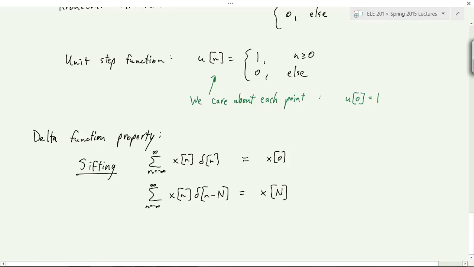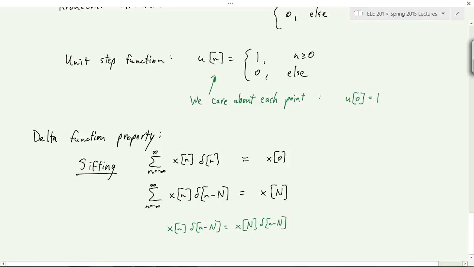In fact, an even simpler way of stating this is not even in the sum. You could just say x of n delta of n minus cap N. You can replace everything that's multiplied by a delta. You're free to replace the argument little n with the other argument big N. So this equals x of big N delta of n minus N. So that's often a nice simplification.